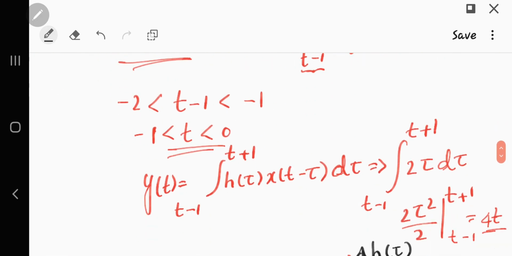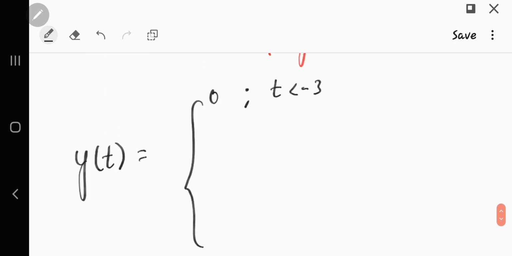I will combine this and write it like y of t is equal to t square plus 2t minus 3, for t greater than minus 3 and less than minus 1. Okay.